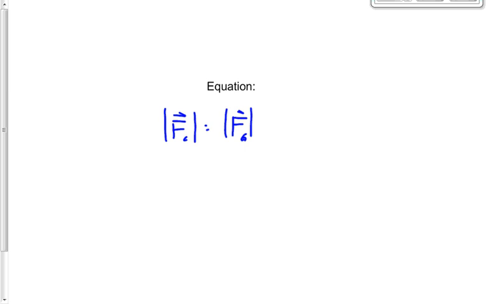We've done problems where centripetal force is equal to friction, or equal to the normal force plus gravity. Here, the centripetal force, Fc, is just equal to the gravitational force, Fg. Centripetal force is mv squared over r. The gravitational force is G m1 m2 over r squared.